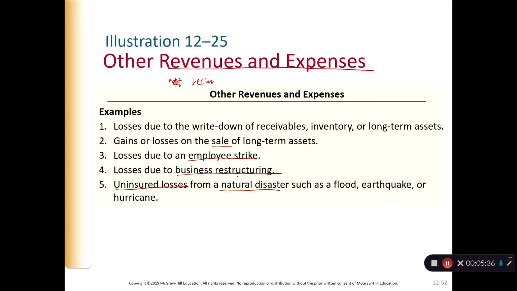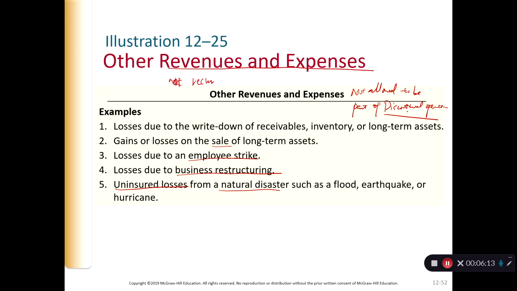But no matter how unusual and how infrequent these items are, they are not allowed to be part of discontinued operation. Discontinued operation, namely, you only report the operation that you disposed of or sold, and these activities or many other activities might not happen very often, but you cannot park them under the discontinued operation.